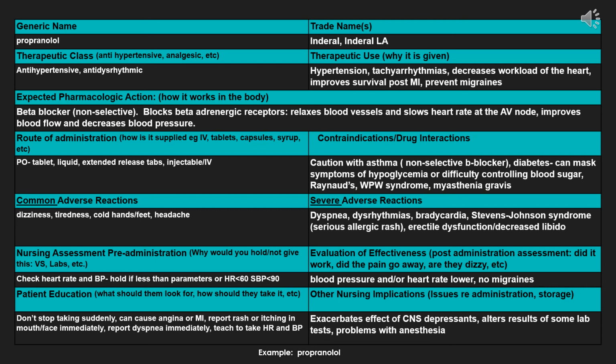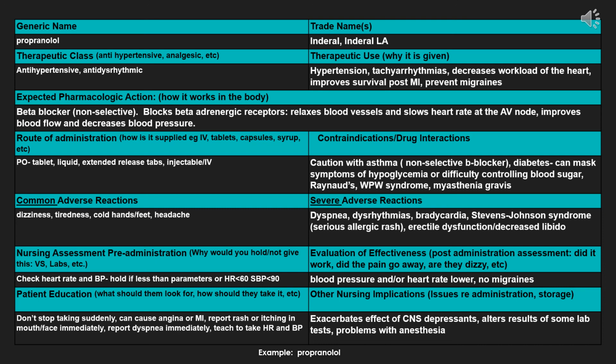Common adverse reactions versus severe adverse reactions. A little bit of dizziness or tiredness is one thing. Dyspnea or a heart rate of 30 is another thing. Stevens-Johnson syndrome is a life-threatening, serious allergy that needs attention. So again, differentiate between the common things that are not that big of a deal and the severe things that are that big of a deal.